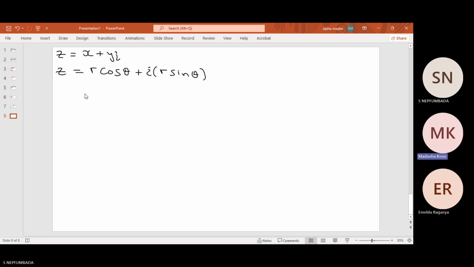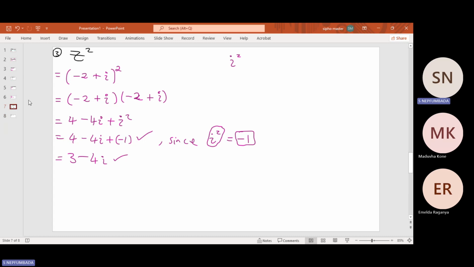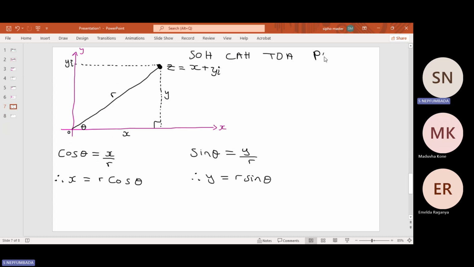So if we take r as a common factor, we get that our z is equal to what? Remember, I'm doing a polar form. Yes, it's a polar form.